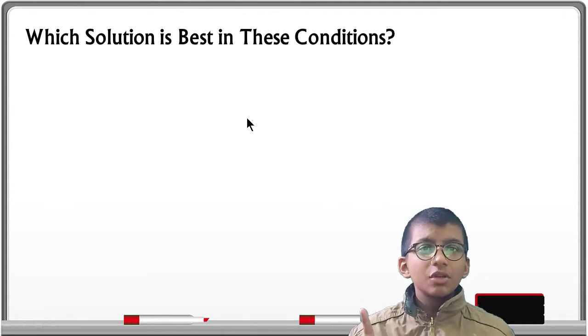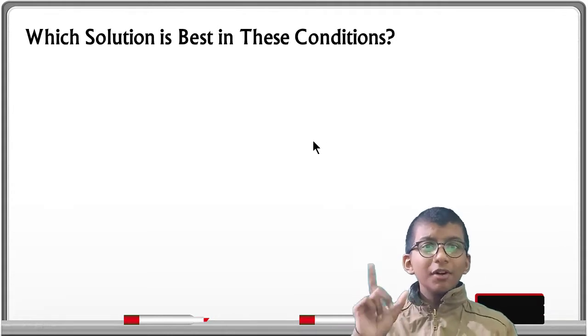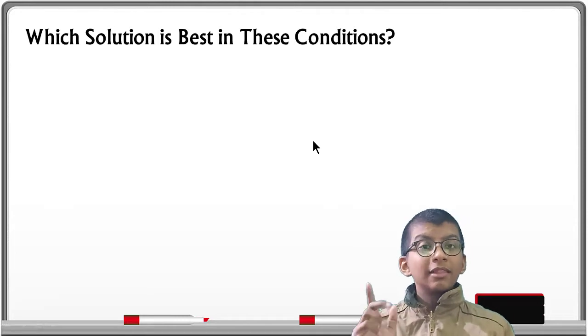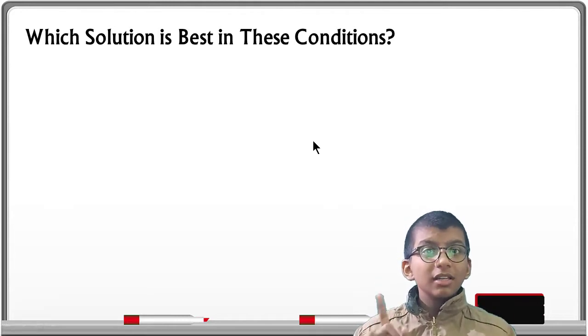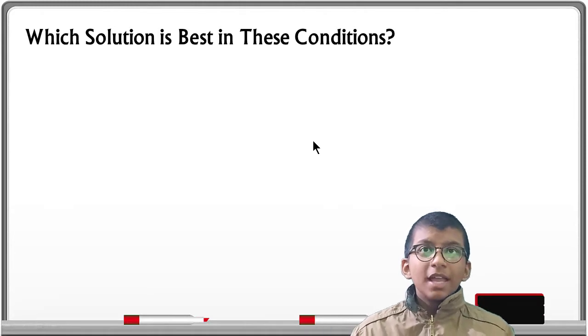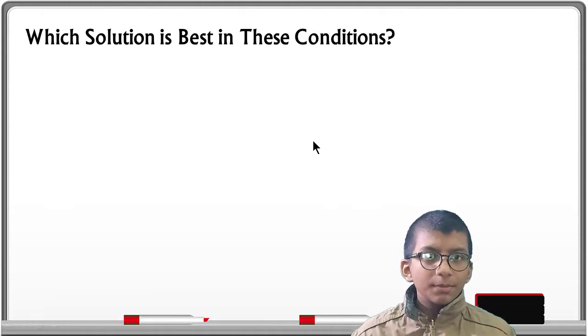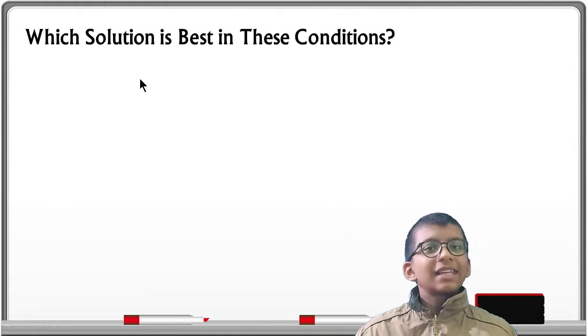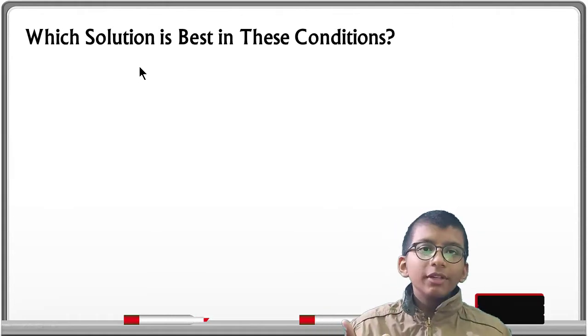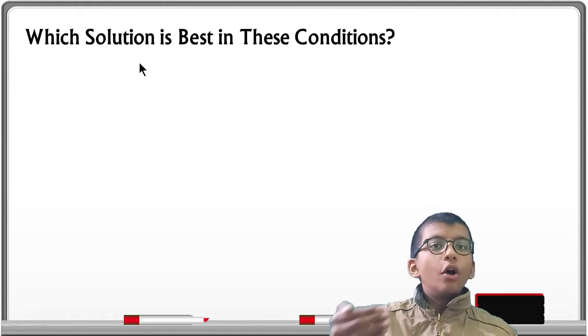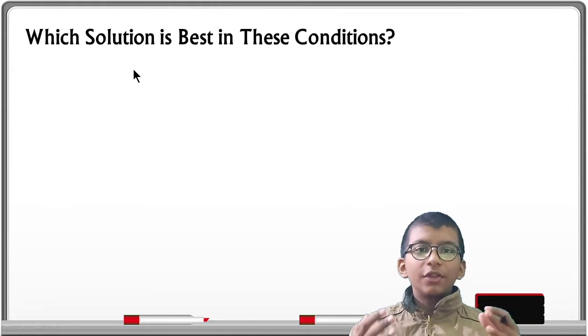In the first video of this section, on debugging our machine learning model, the link will be in the description box below, so be sure to check it out, we talked about some solutions that can fix our issues of overfitting and underfitting.